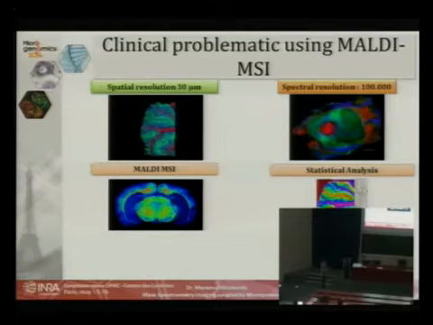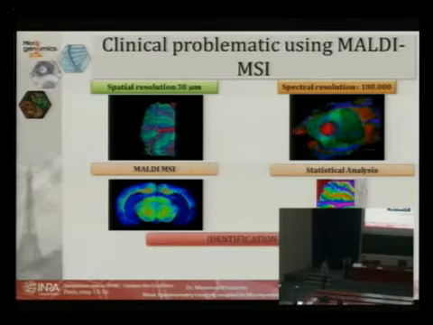Okay, great. Now we can realize a really beautiful image, but how to identify the compounds? There are 2 possibilities. If you work on small molecules, you can realize direct identification on tissue during your analysis by realizing fragmentation on your tissue.